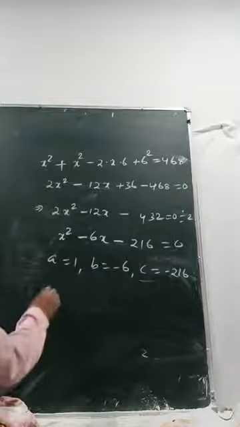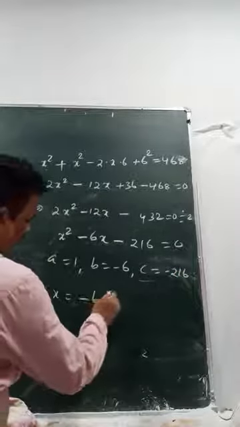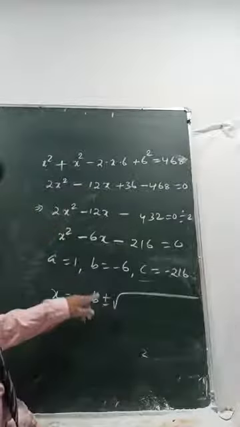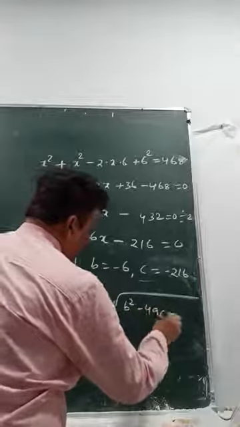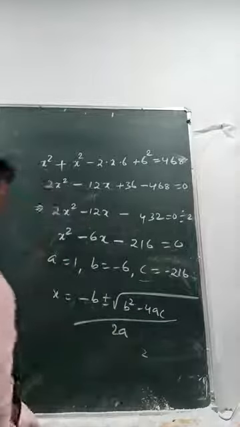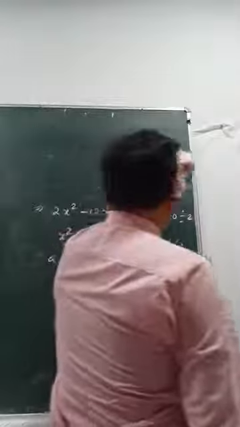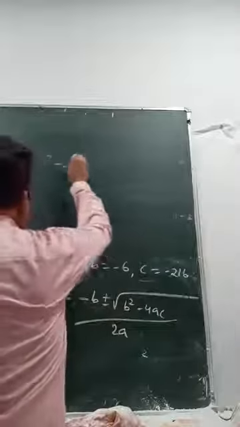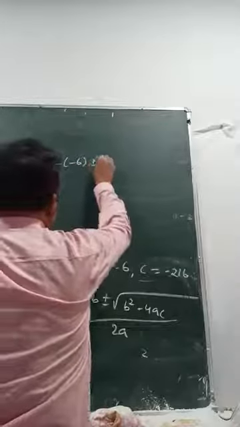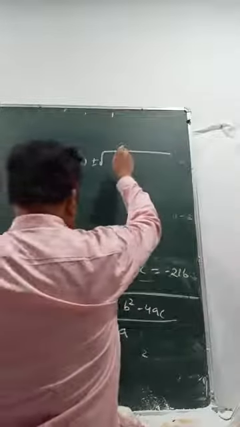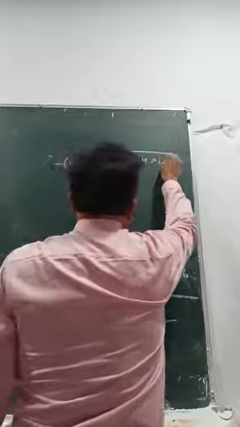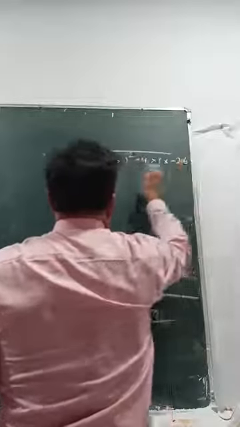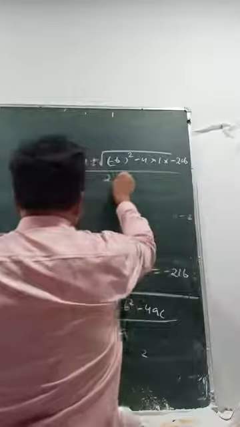Okay. x equals to minus b plus minus square root of b square minus 4ac, divided by 2a. Let's put the values. So minus of minus 6 plus minus square root of minus 6 square minus 4 into 1 into minus 216, divided by 2 into 1.